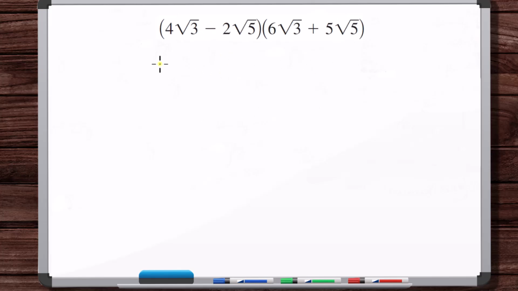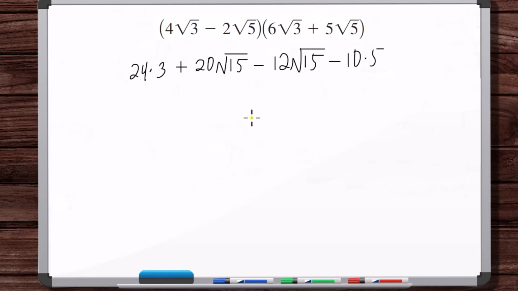Let's distribute again. 6 times 4 is 24, and times root 3 it's just 3. 5 times 4 is 20, and then root 15. Minus 2 times 6 is minus 12 root 15, and then minus 10 times 5. So 24 times 3 is 72, and we have like radicals here, so plus 8 root 15, and then minus 50. So 72 minus 50 is 22.